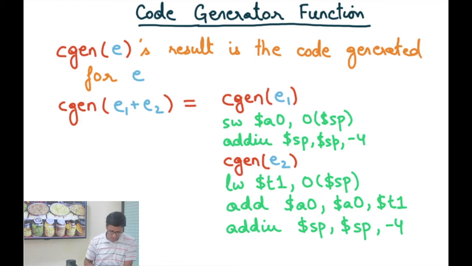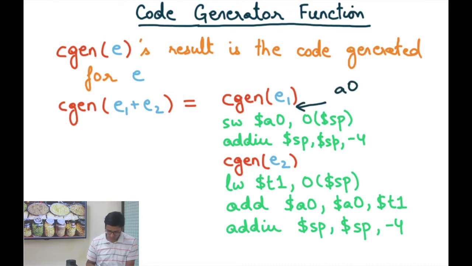For cgen E1 plus E2, I need to first generate the code for E1, then save the result, then generate the code for E2, and then do the addition. This is something that we have also seen when generating code for expressions. So I do cgen E1, and at this point I expect the result to be in A0.